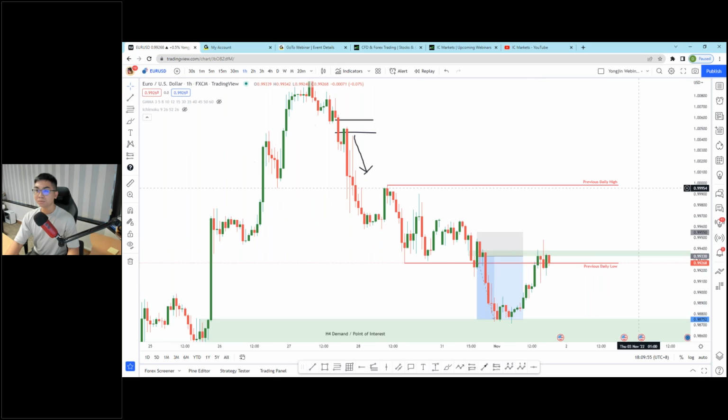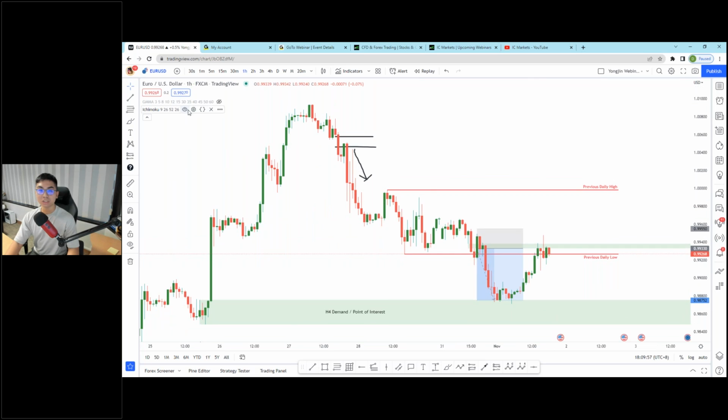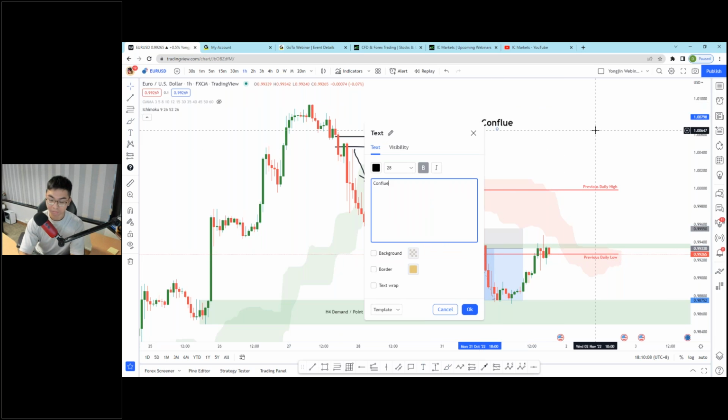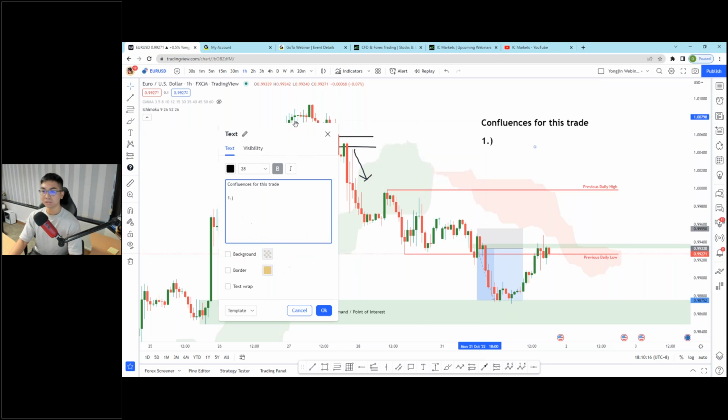So maybe we can combine it with the Ichimoku cloud, adding confluence to that since we are in a sell. Price is in a downtrend. That is the first confluence. Let me write it down. Confluences for this trade. And then lastly, I'll add the GMMA in. So first we have its downtrend.